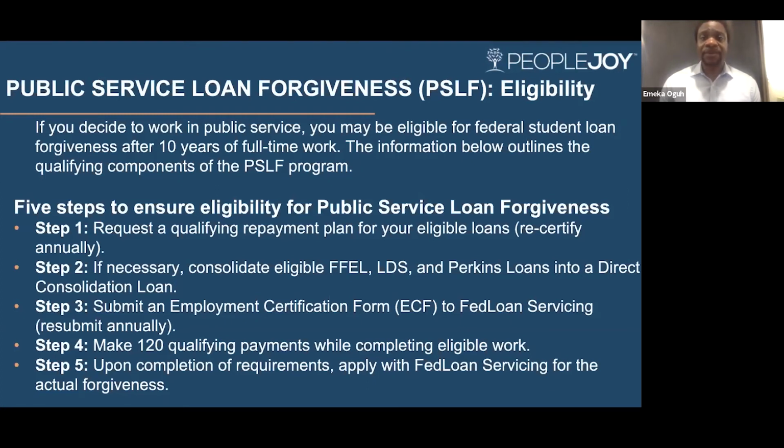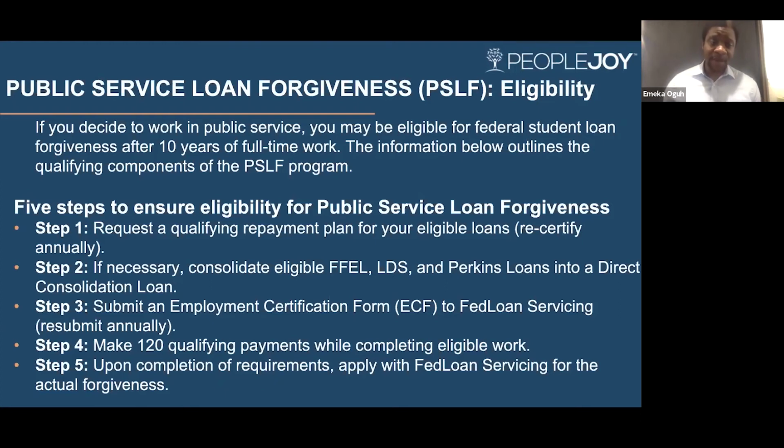There are a number of steps that it requires. Step one is you have to be in a qualifying repayment plan for your eligible loans, and you have to recertify in those plans annually. Step two is if you have loans that are not qualified for forgiveness, you want to consolidate those loans into a direct loan to make them eligible for forgiveness. You also want to submit an employment certification form to Fed Loan Servicing every year.